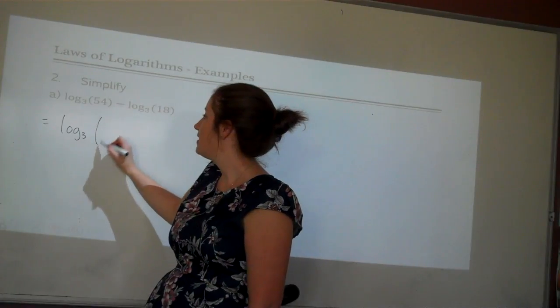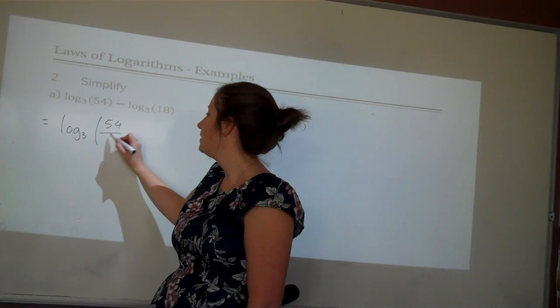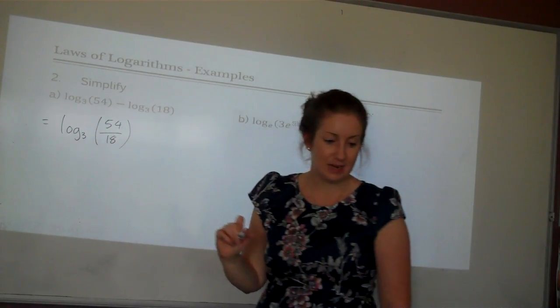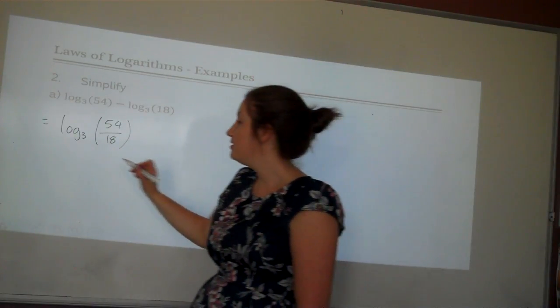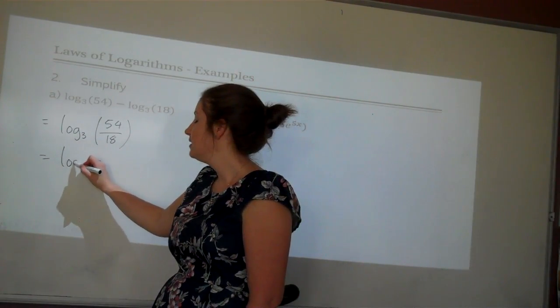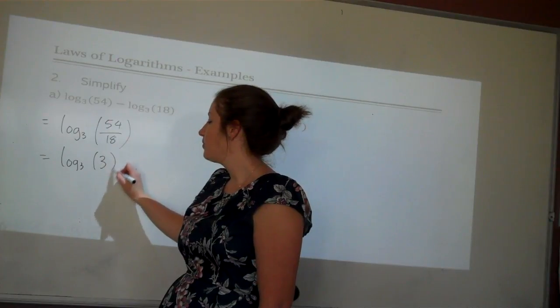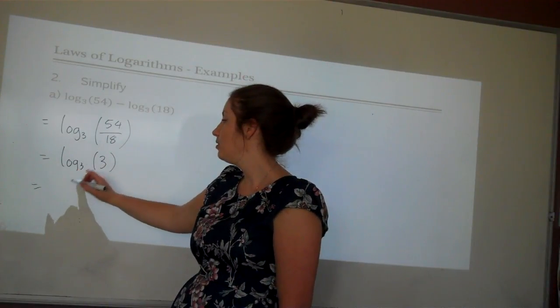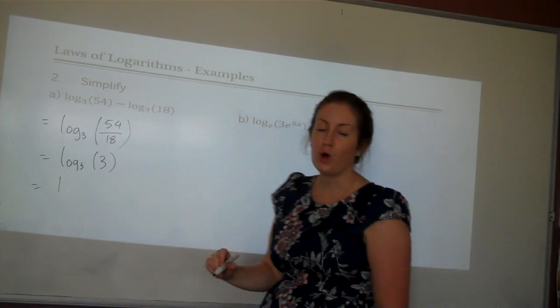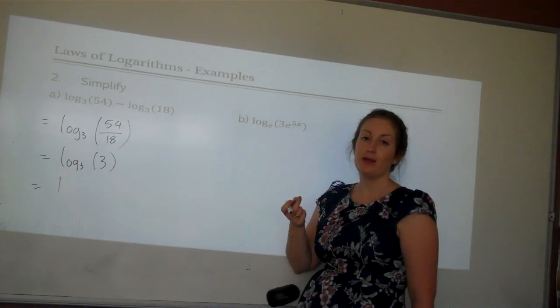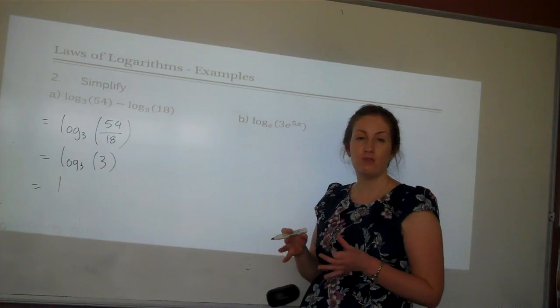So we'll have log base 3 of 54 divided by 18. We can work out what 54 divided by 18 is. It gives us 3, and then we know log base 3 of 3 equals 1. In this case, it did simplify down to give us a numerical value.